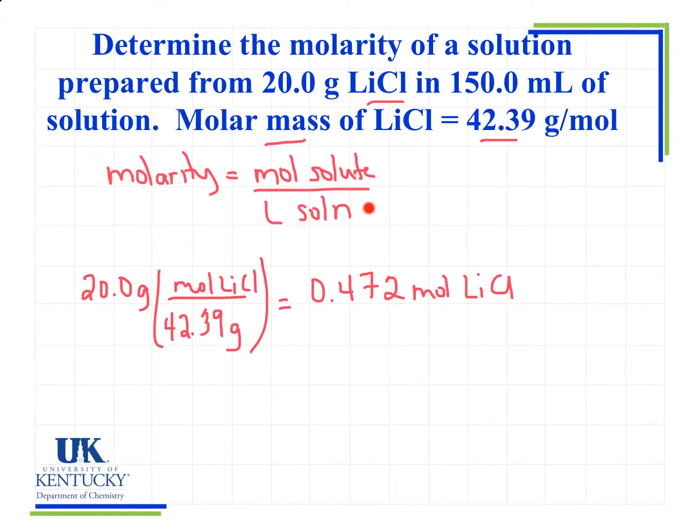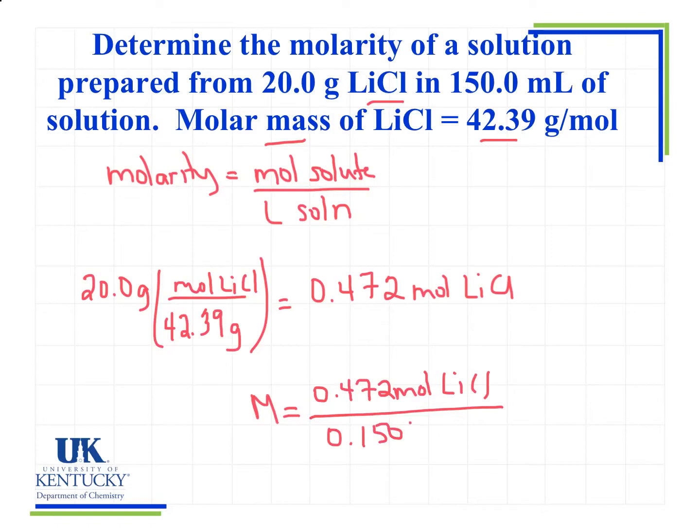I've got my volume of lithium chloride, it's in milliliters, so I can convert that to liters by dividing by 1,000, and then I can find my molarity by saying M for molarity equals 0.472 moles of lithium chloride over our total volume of solution, which is 0.150 liters of solution.